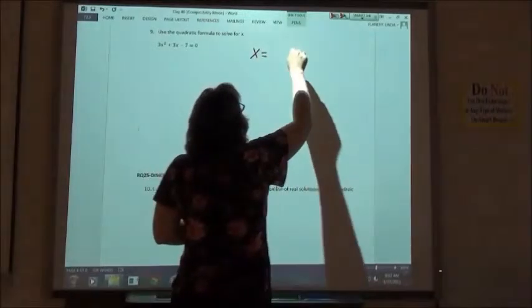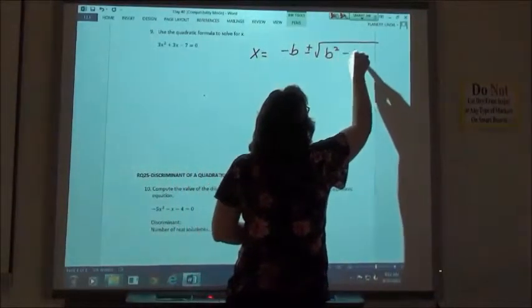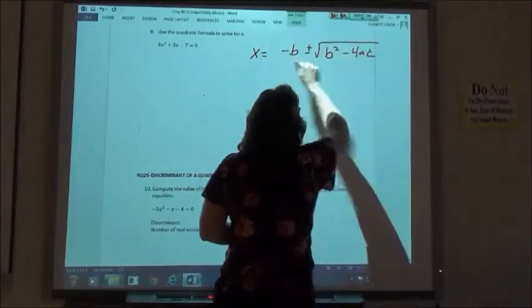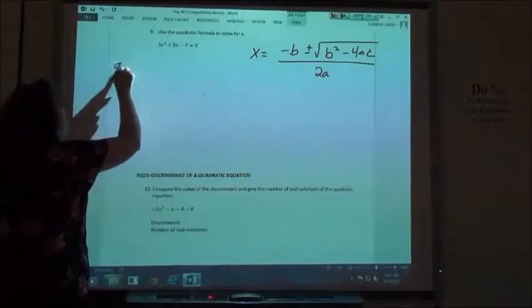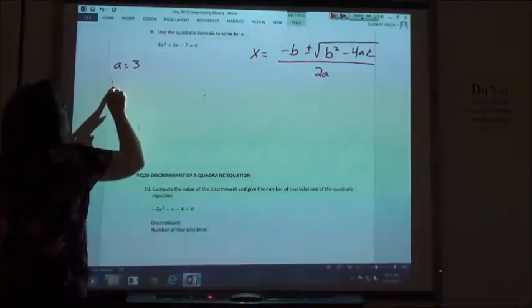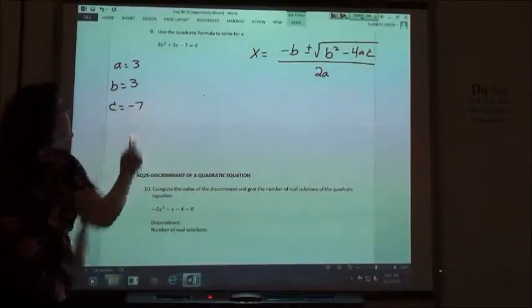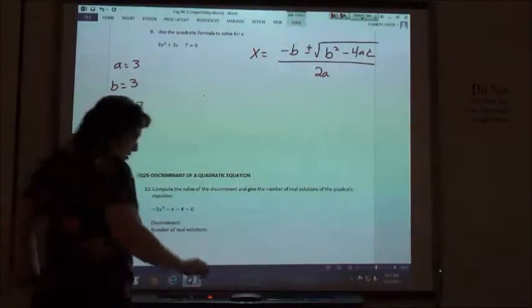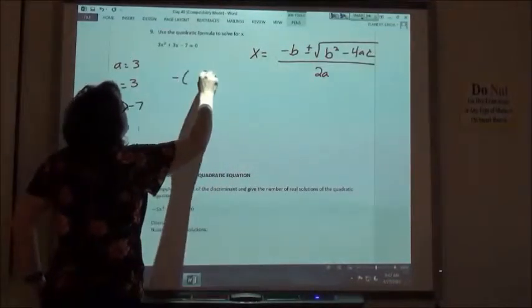X equals minus b plus or minus the square root of b squared minus 4ac all over 2a. So a in this case is going to be 3, b is also going to be 3, and c is going to be negative 7. So plugging those into my quadratic formula, I'm going to have minus the b value.